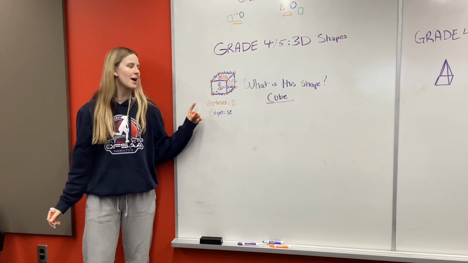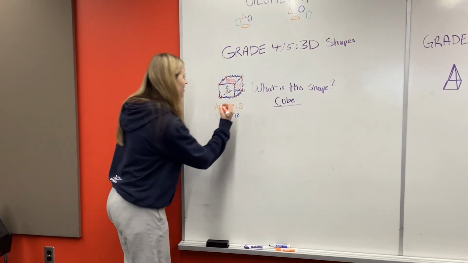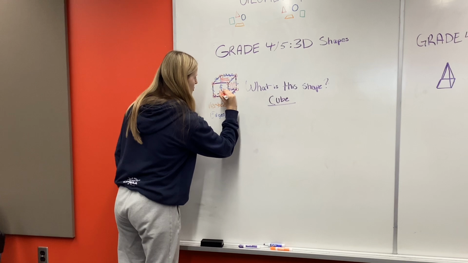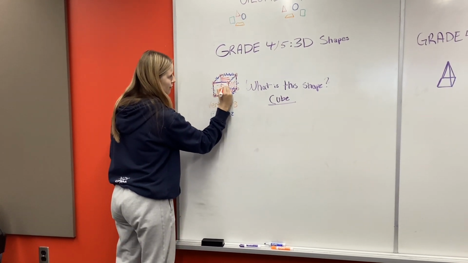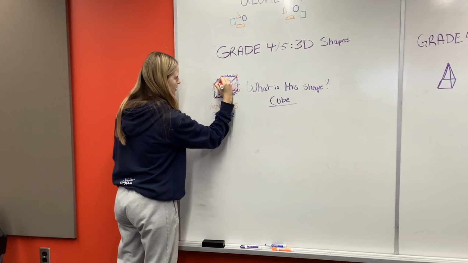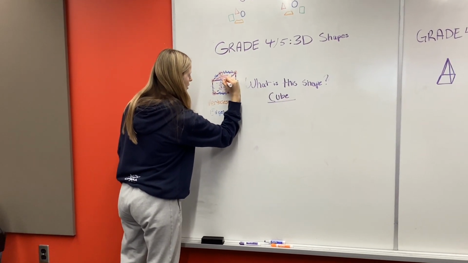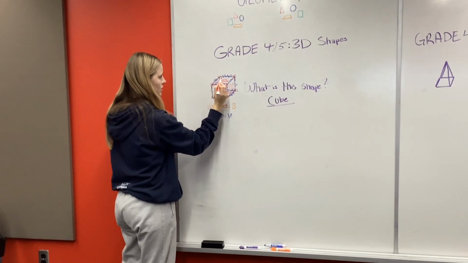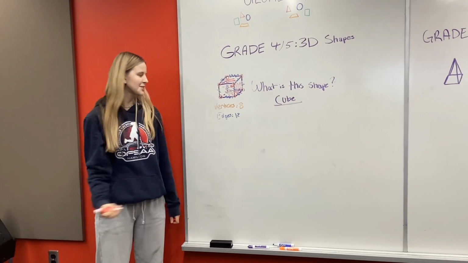Can anyone tell me how many faces there are here in total? 5, okay. So we have 1, 2, then we have our bottom face down there. Then we have our front face. We have our side face, our top face, and a back face here. 1, 2, 3, 4, 5, 6. In total, we have 6 faces.